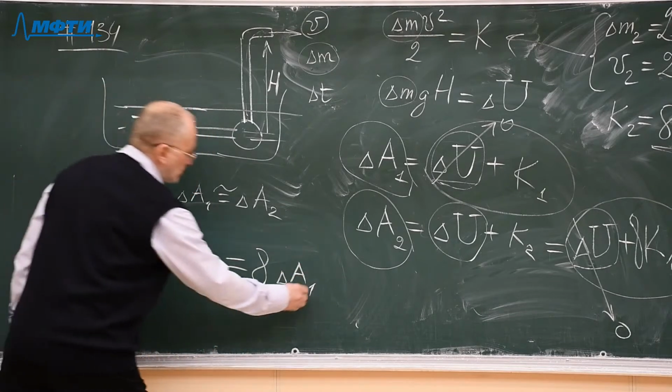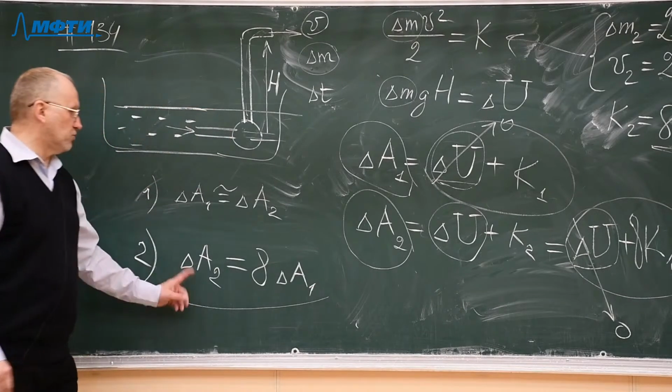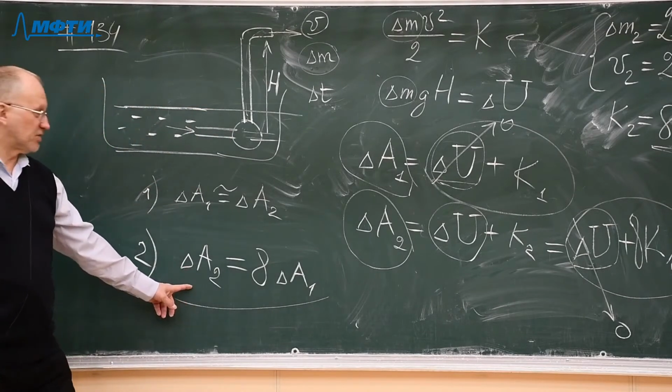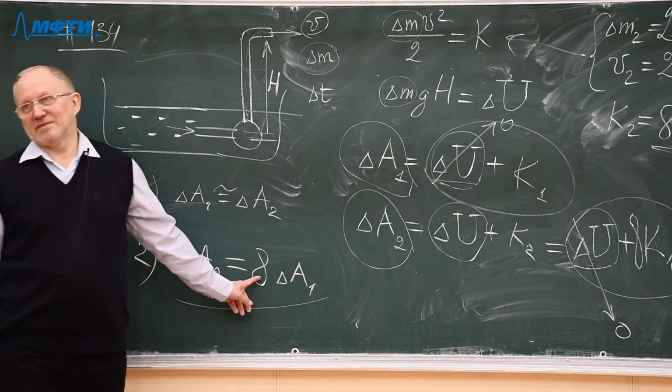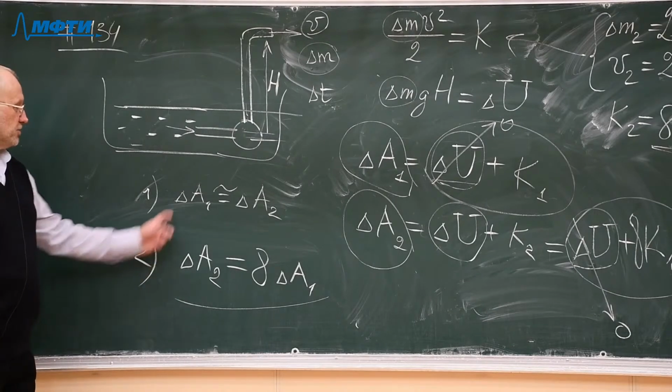So if the potential energy of water can be neglected, then the power of the water pump must be increased 8 times. Must be 8 times more than it was initially. So in two different situations, we get two different answers.